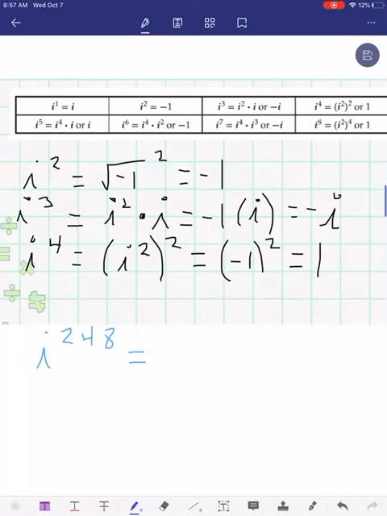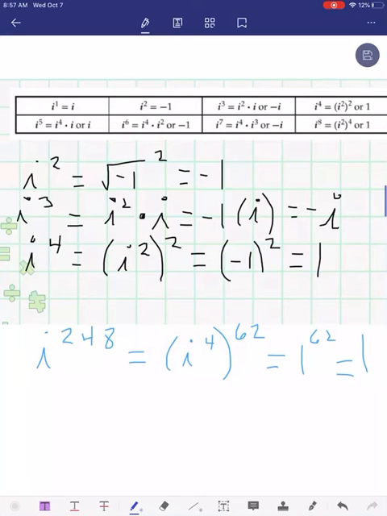Well, remember that we said that if we can rewrite it as a power raised to another power, we would multiply those. So I know that i to the 4th to the 62nd would get me i to the 248. Well, we know what i to the 4th is. It's 1. And so if I have 1 to the 62nd, that's just going to be 1.